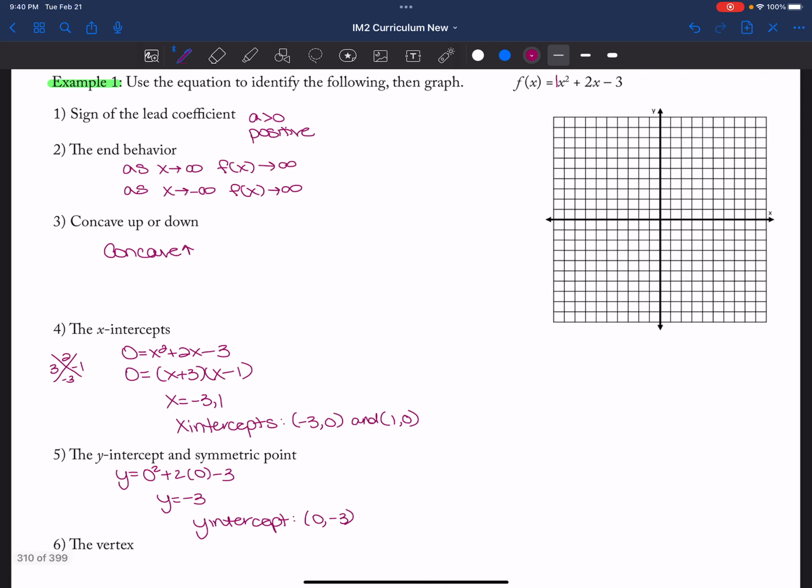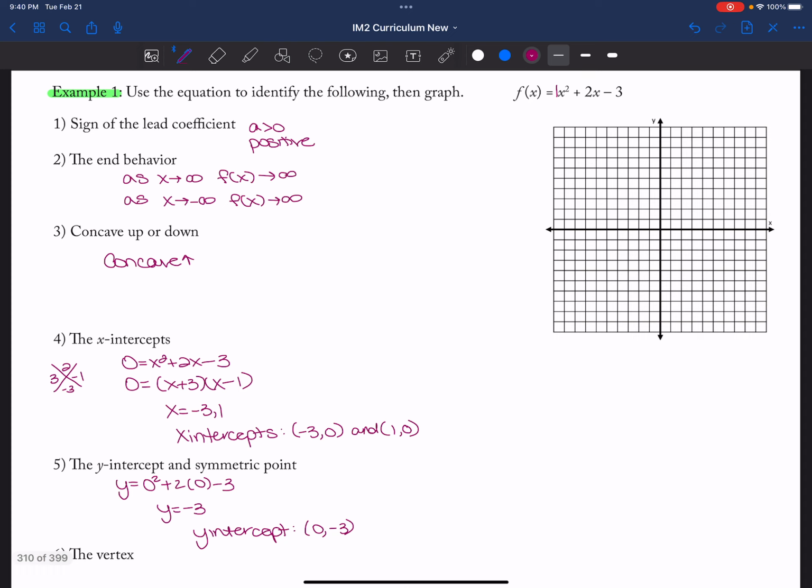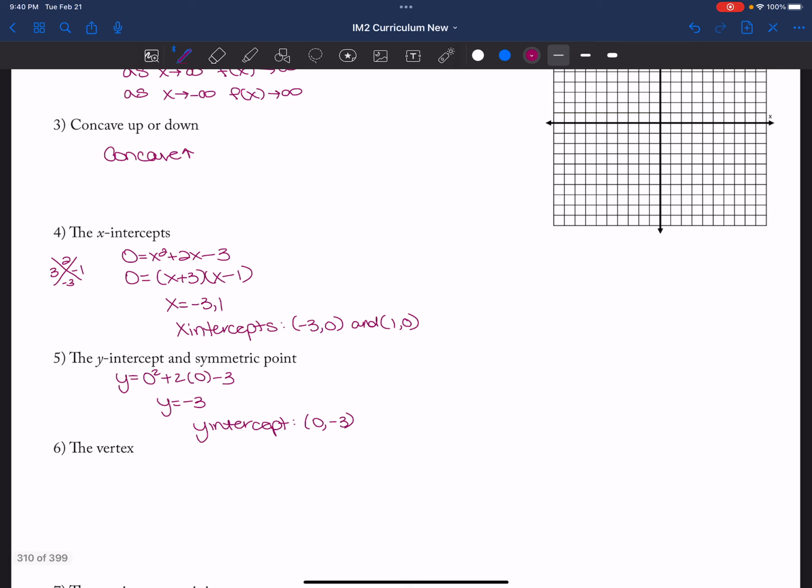And then my symmetric point we would do by graphing. So let's graph my vertex. I have to find my vertex first. Negative b over 2a, so negative 2 over 2 times 1, that's negative 2 over 2, which is negative 1.